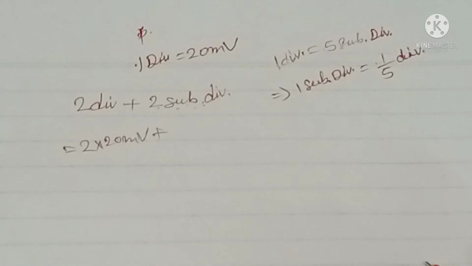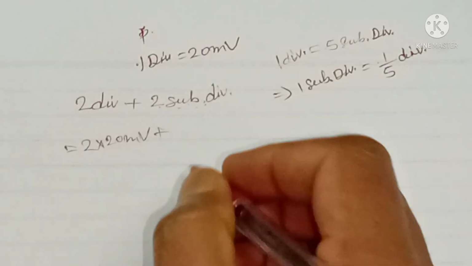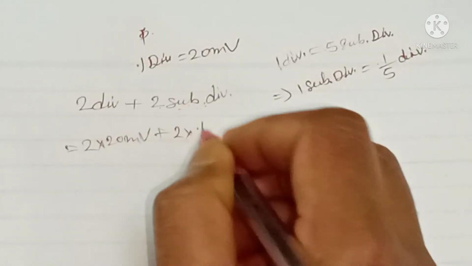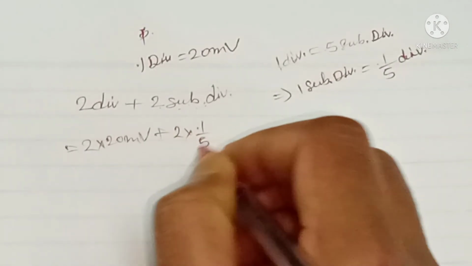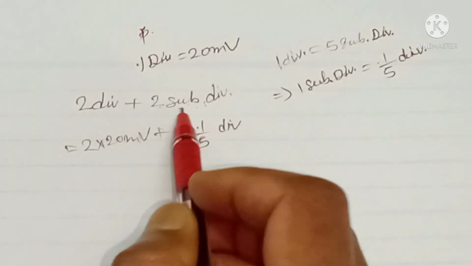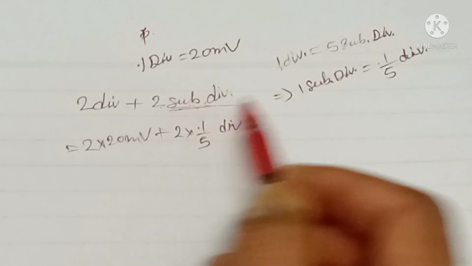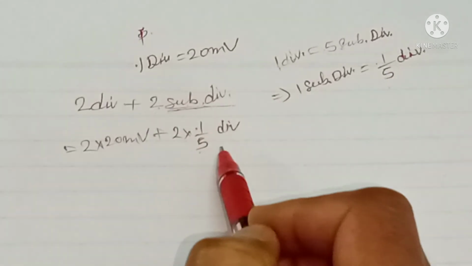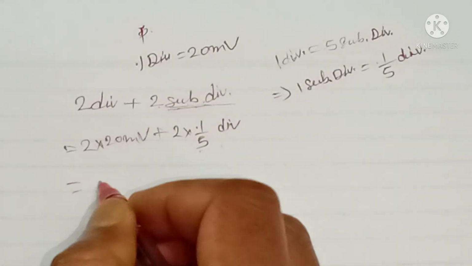So 1 subdivision we got as 1 by 5 division. Now I can put this value here. So I will get 2 into 1 by 5 division here, because in place of subdivision I can write 1 by 5 division.